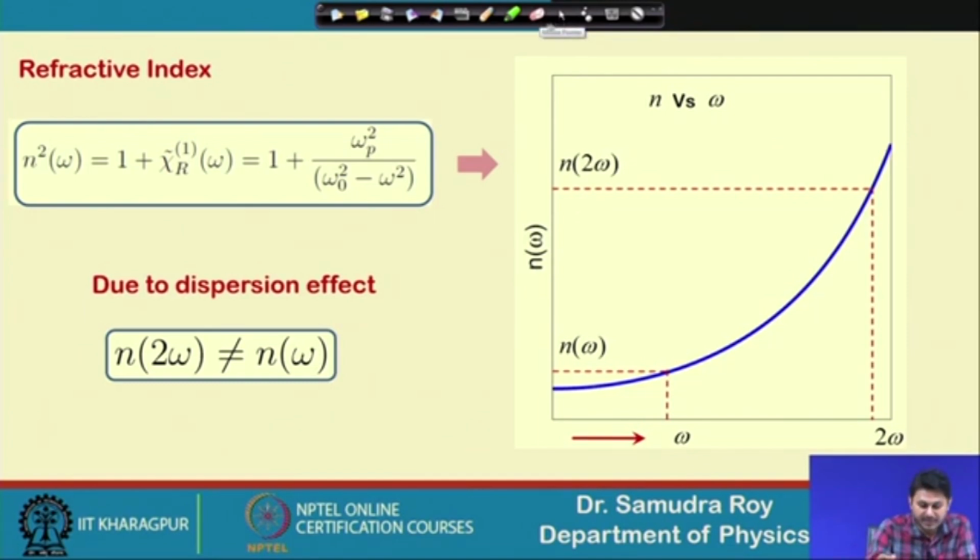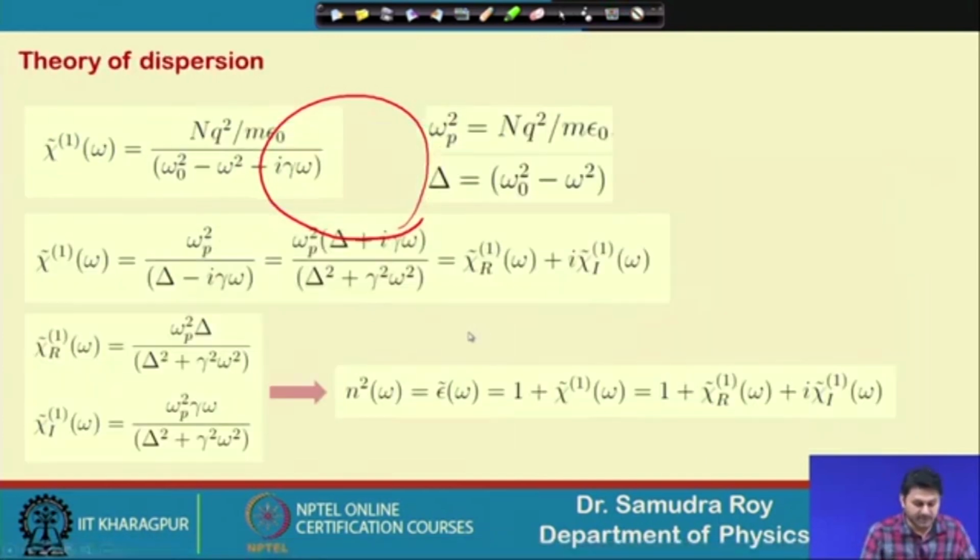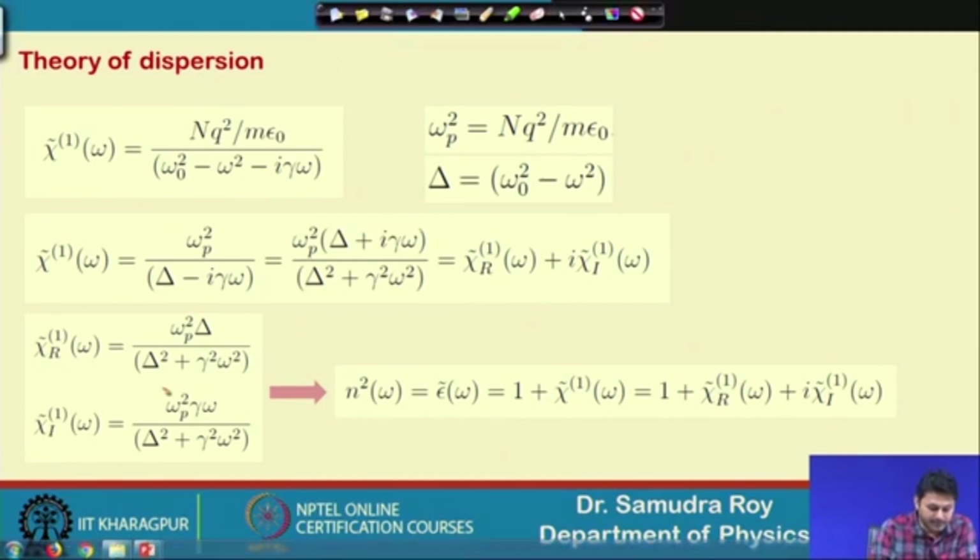As I mentioned, my refractive index n square becomes a function like this, and this is the condition. Let me go back so that you can understand what I am trying to say. So, this is the function.